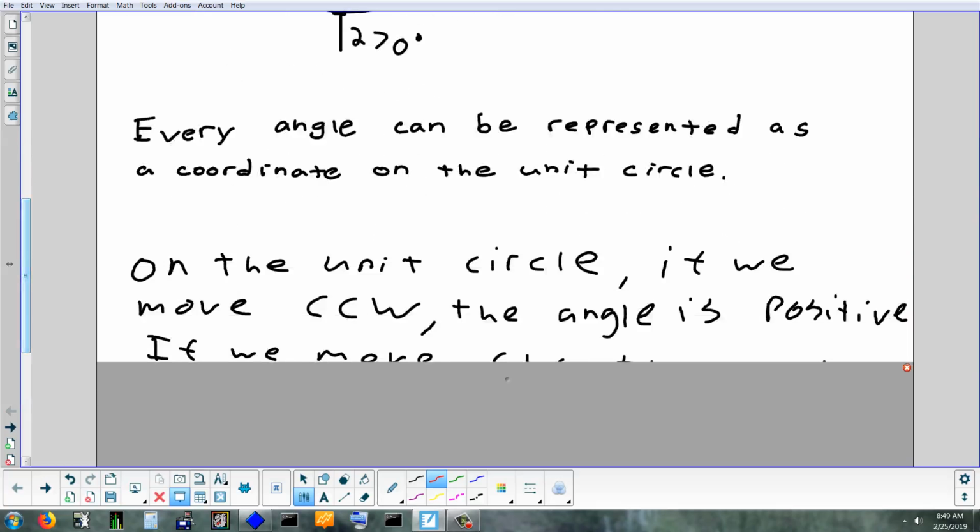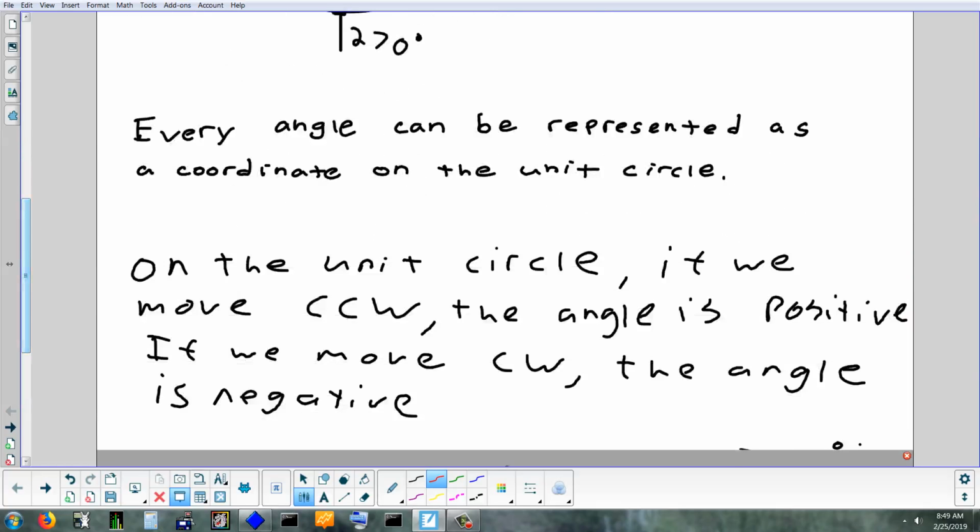So on any circle, not just the unit circle, if you move counterclockwise, you're dealing with a positive angle. All right, so Aiden, if counterclockwise is a positive angle, what do you think clockwise would be? Negative. Yeah, it would be negative.